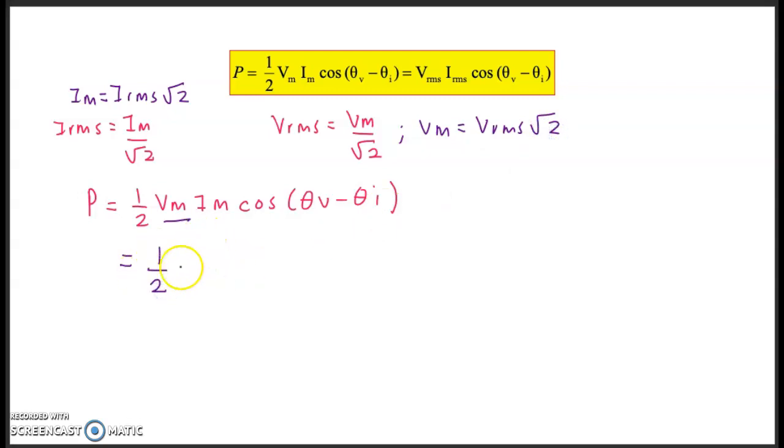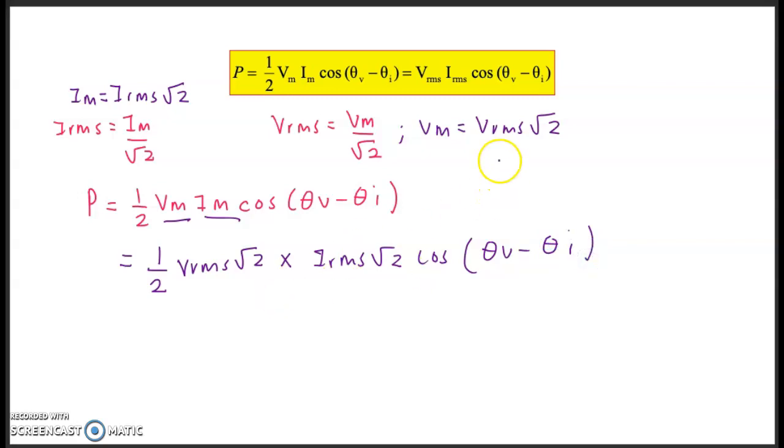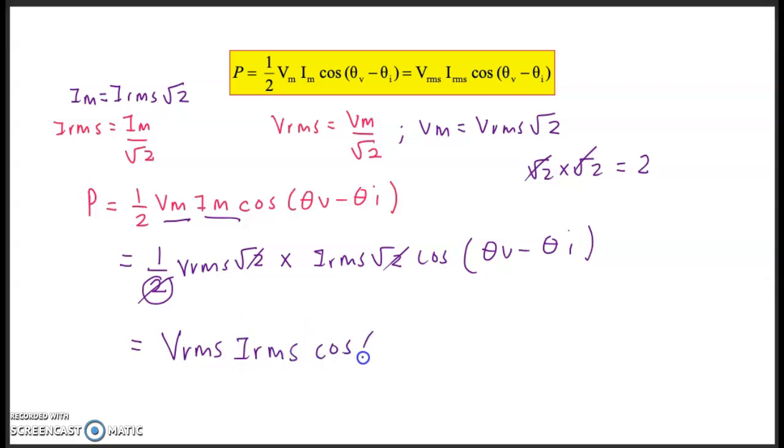So Vrms square root 2 multiplied by Irms square root 2 cosine theta V minus theta I. Square root 2 multiplied by square root 2 is equal to 2, right? Then the 2 divided by 2 cancel out. So you become Vrms Irms cosine theta V minus theta I.